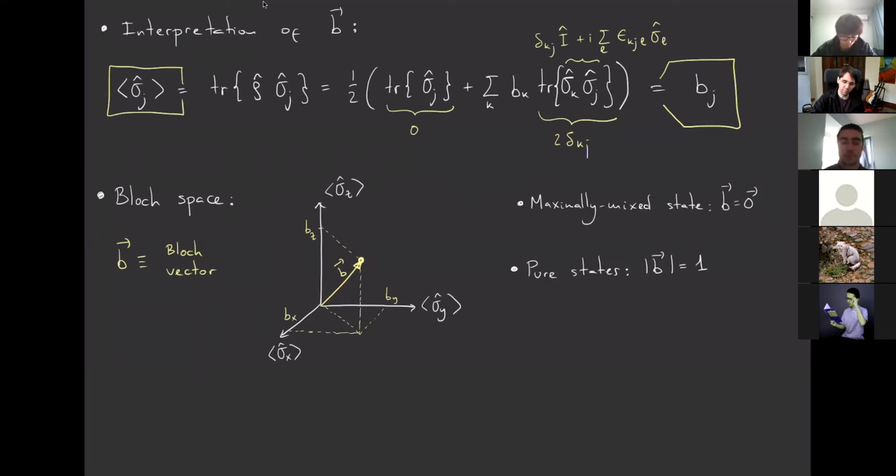So I can parametrize this vector in spherical coordinates, in particular in these coordinates here: cos phi sine theta, sine phi sine theta, cos theta, where theta I will take between 0 and pi, and phi I will take between 0 and 2 pi.